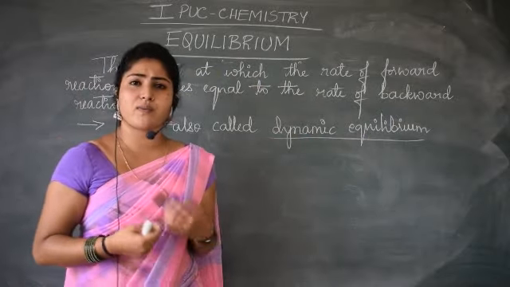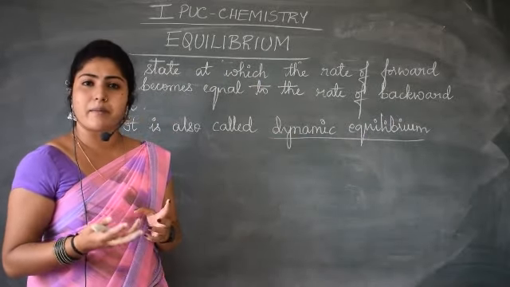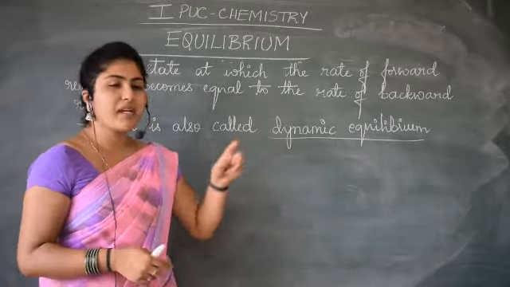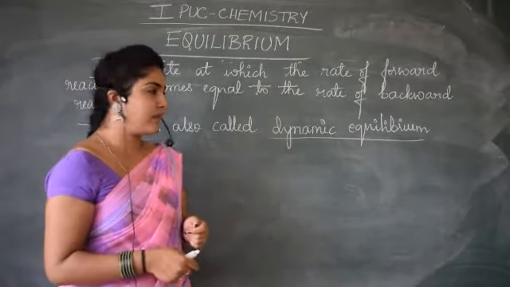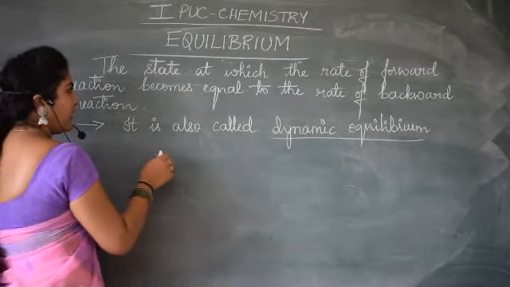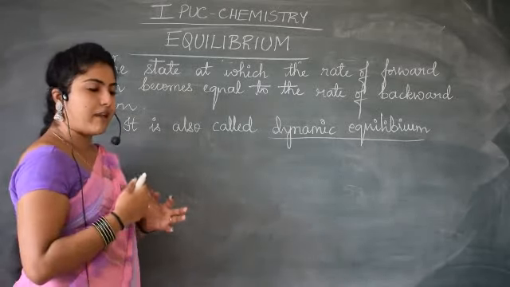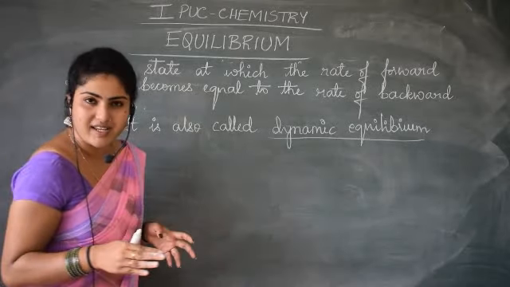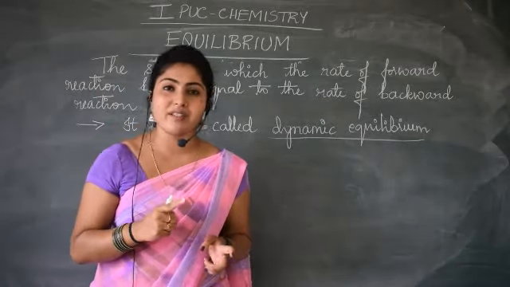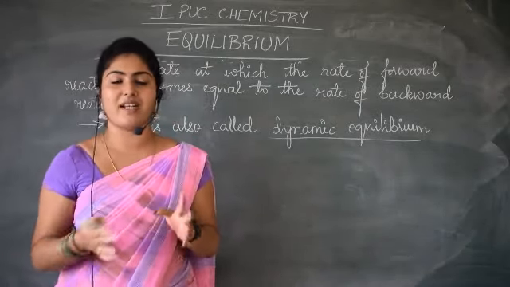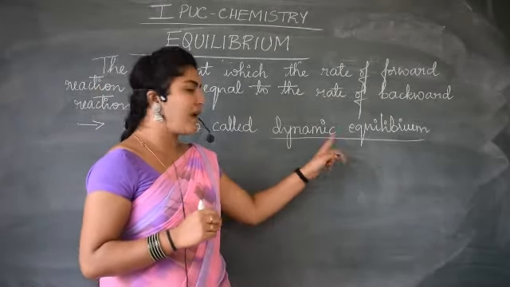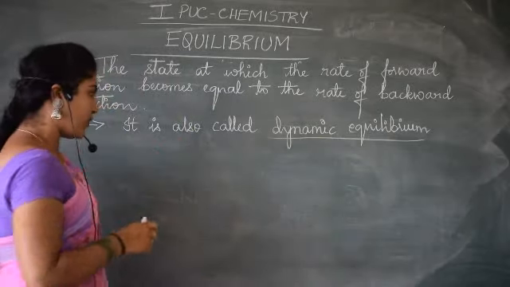If a person is very active, you call that person a dynamic personality, isn't it? So dynamic equilibrium means that when we look at the system, we feel that the reaction has stopped, but in fact the reaction is still proceeding. The rate of forward reaction is equal to rate of backward reaction. That is why we call it dynamic equilibrium.